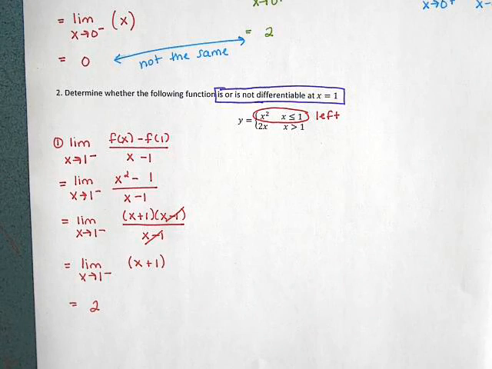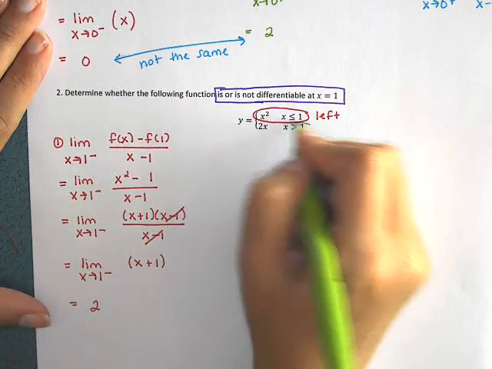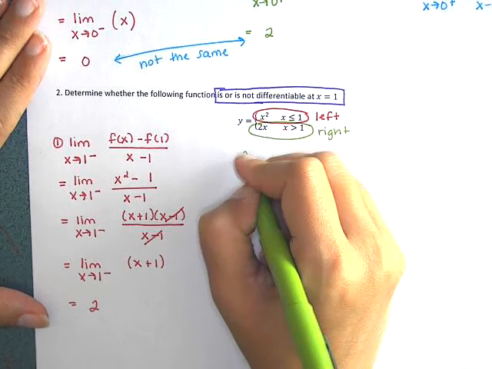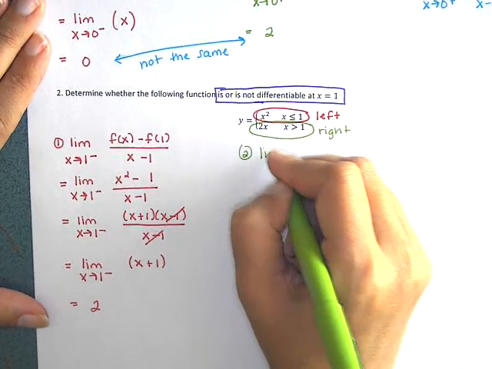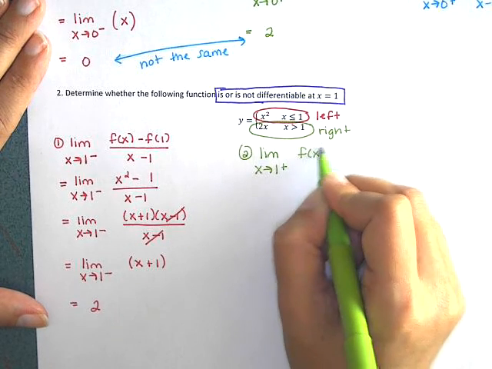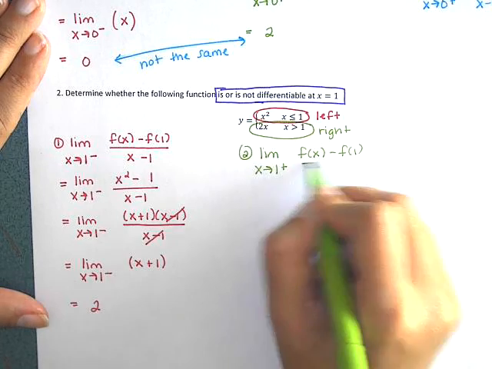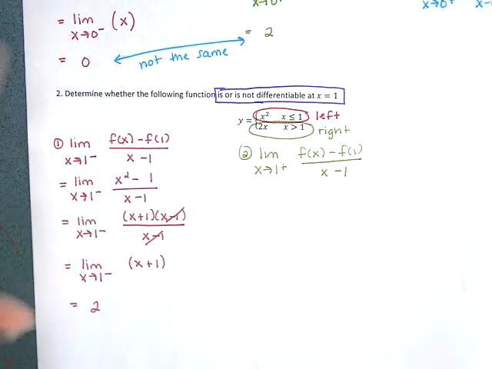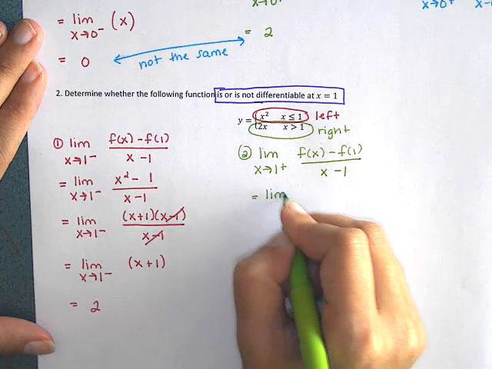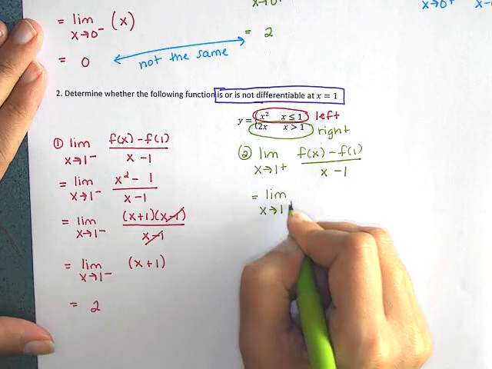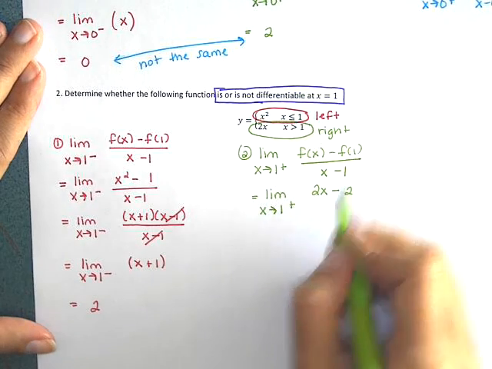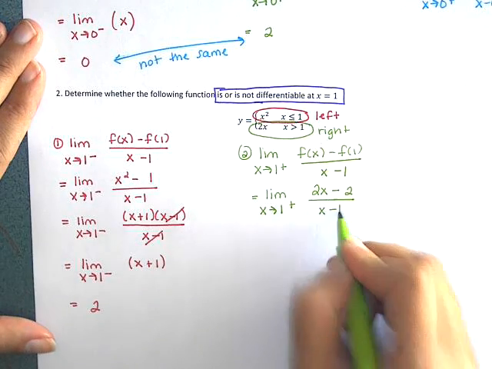Now let's look at the right side. The limit as x approaches 1 from the right of f of x minus f of 1 all over x minus 1, which means we get the limit as x approaches 1 from the right of 2x minus, if you plug in 1, you get 2, all over x minus 1.